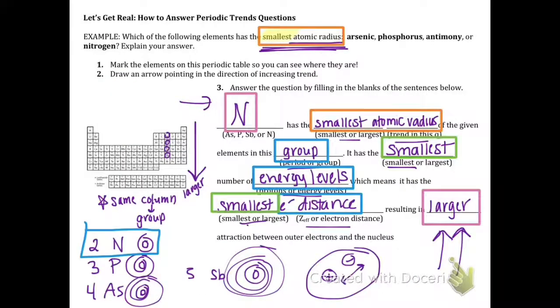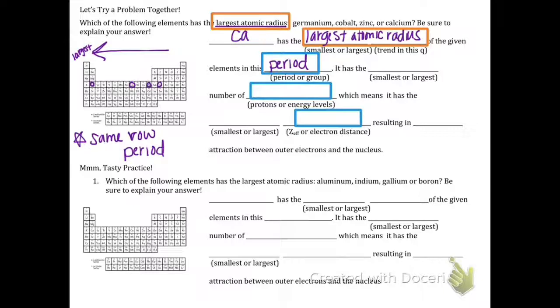Okay, so then let's talk about how we're going to answer this question. So we know that calcium has, let's see, how many protons it has. 20 protons. And if we go to the other end here, we know that germanium has 32 protons according to our periodic table.